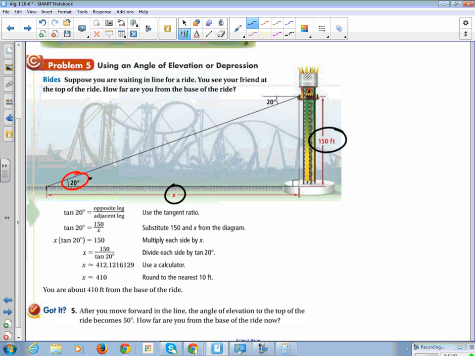So this x, this length here on the bottom, is adjacent to my 20 degrees. And this length right here, this height, is opposite.